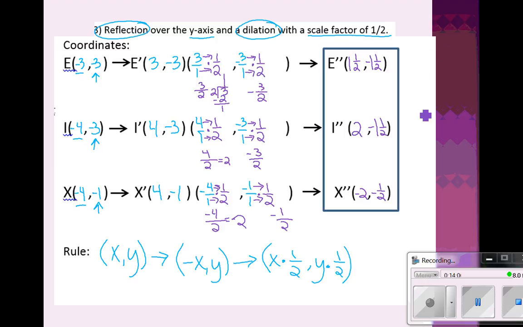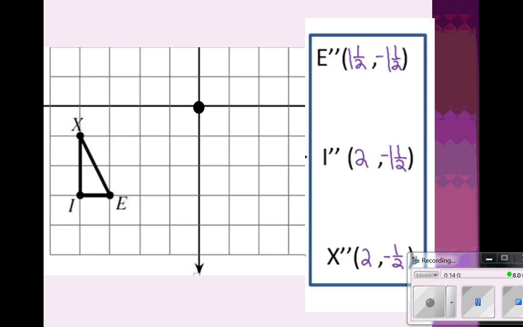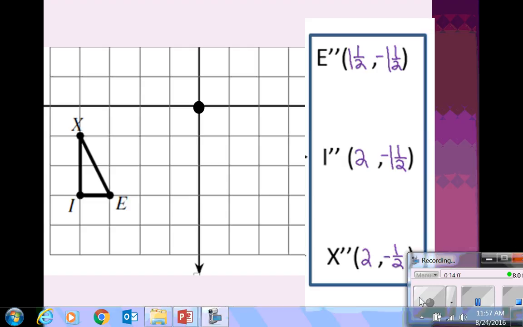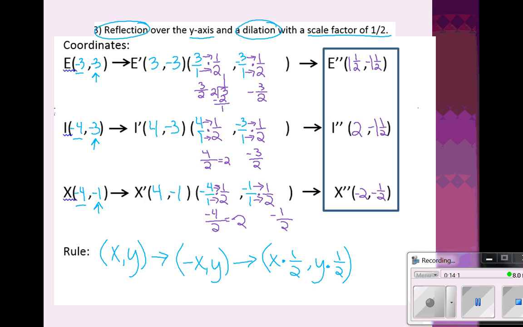Now we can go to the picture, the graph, and plot our final image. One of my awesome students found a mistake that I've done. So let's go back to those notes, because this part should not be negative. It is actually positive, which means this would not be negative.